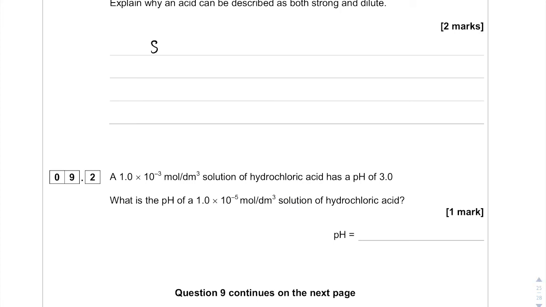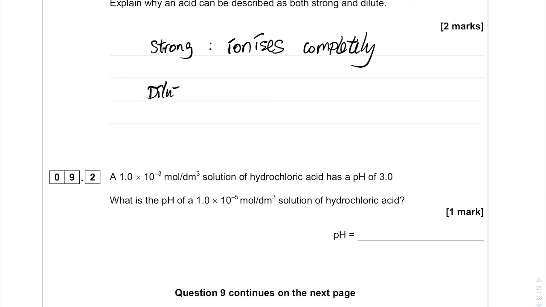So strong is any acid that can ionize completely. So most inorganic acids are strong acids, like sulfuric acid, nitric acid, hydrochloric acid, things like that. Then you've got dilute, which is low concentration.